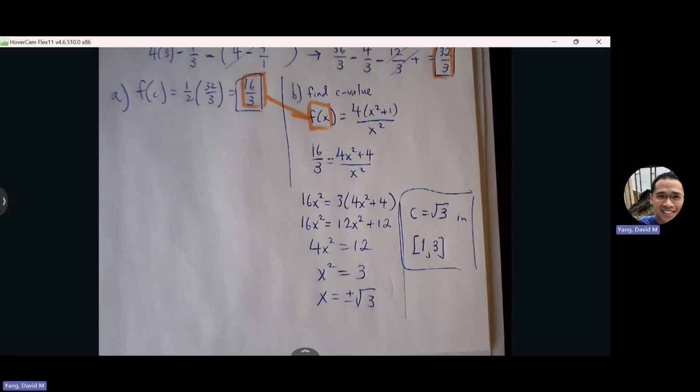Number 2, we're asked to find the derivative of a function that has a definite integral in it. We're going to have to rely on the second theorem.